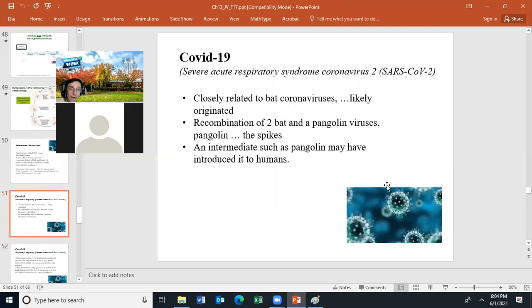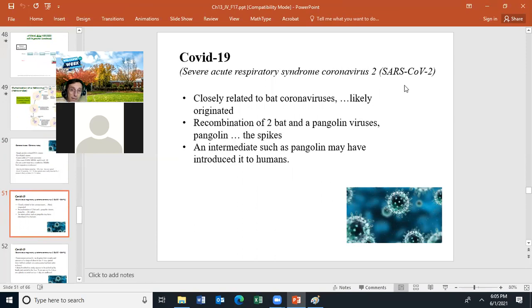It does have another name, and it's a scientific name, or a family name, whatever you want to call it. It is called Severe Acute Respiratory Syndrome Coronavirus 2, or SARS-CoV-2.